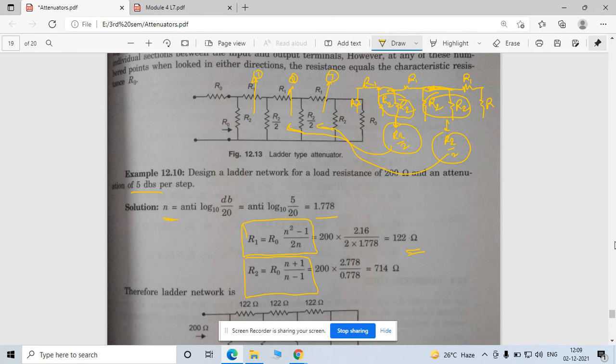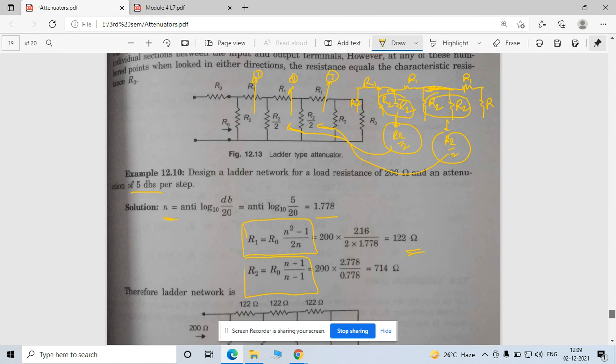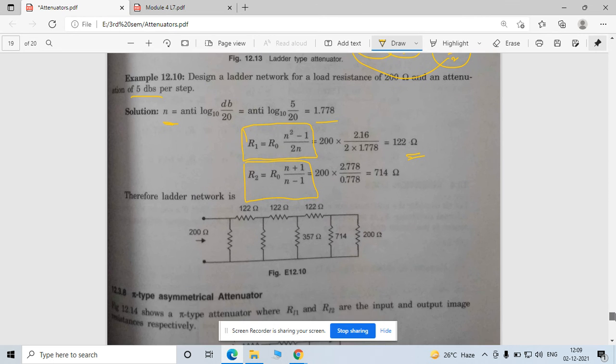Okay. Now use that value in your circuit. So this is your 714 ohm for this R2. But for this resistance you have to divide by 2, right? So your value is 357 ohm, and the rest of the things are the same.